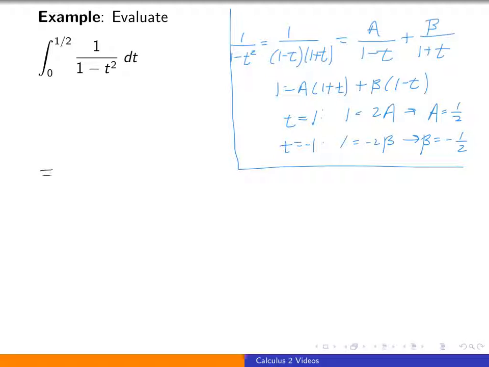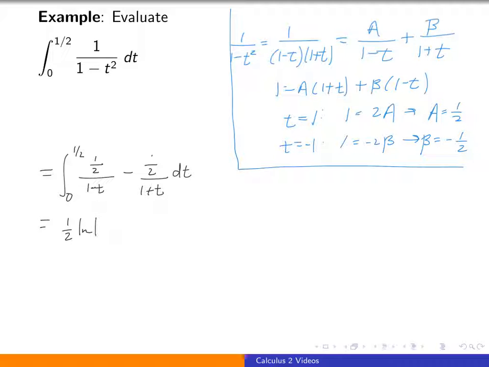Our integrand, so we're still integrating from 0 to 1/2, but the integrand can be written as A over 1 minus t, so 1/2 over 1 minus t, plus B, so that'd be minus another 1/2 over 1 plus t. Now we integrate each of these terms individually. So for the first one, we're going to have 1/2 and then 1 over 1 minus t.